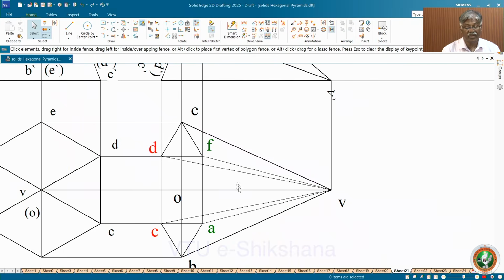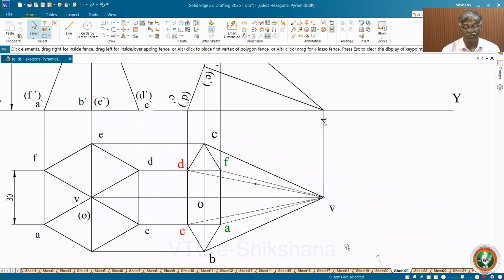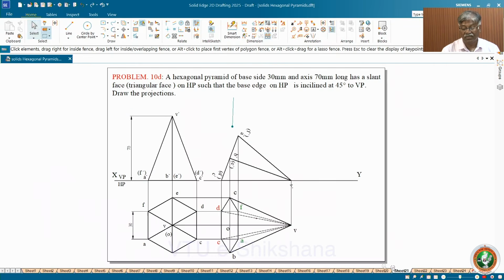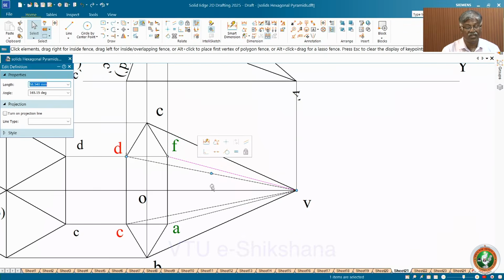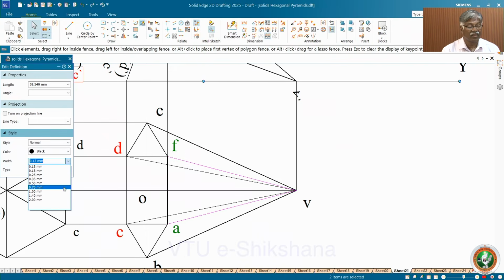Yes. Then this: AV and FV are dark lines because of bends. Simply bends. They are dark.